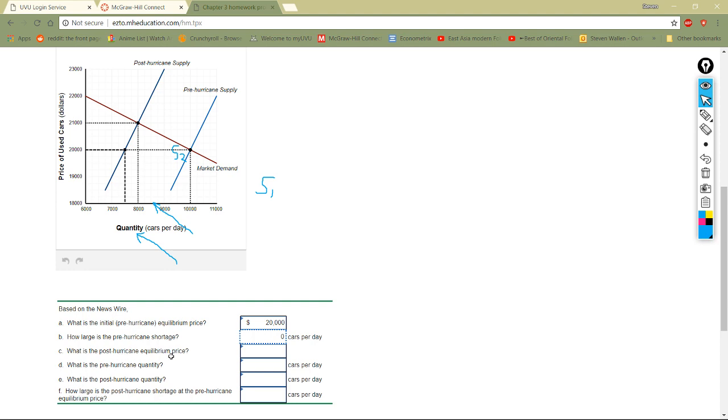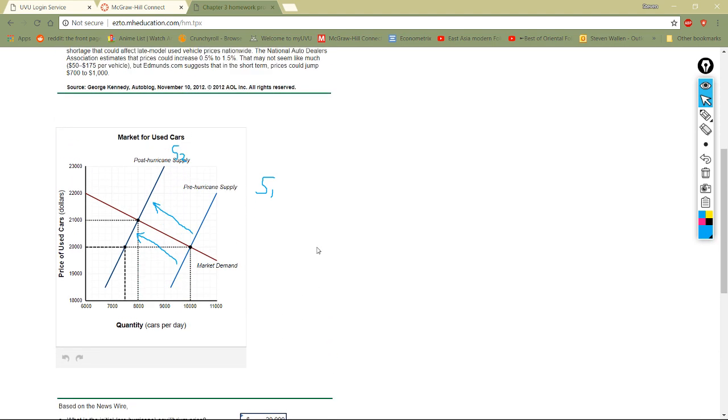What is the post-hurricane equilibrium price? So before, this used to be the price that things were getting pushed towards, okay? We had 20,000 for the used cars as far as price, and about 10,000 units, and that's where the market was kind of settled at. When you reduce supply, though, all of a sudden, we're having less on the market, and because there's less on the market and the demand remains the same, people are going to pay more for that reduced amount that's available, okay?